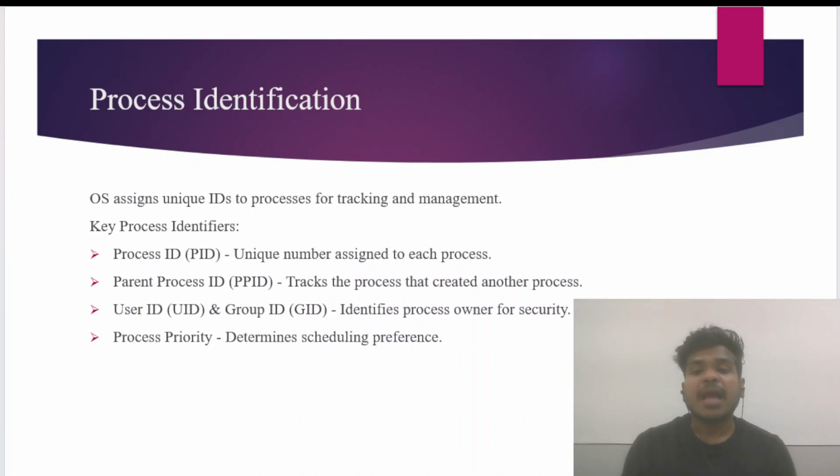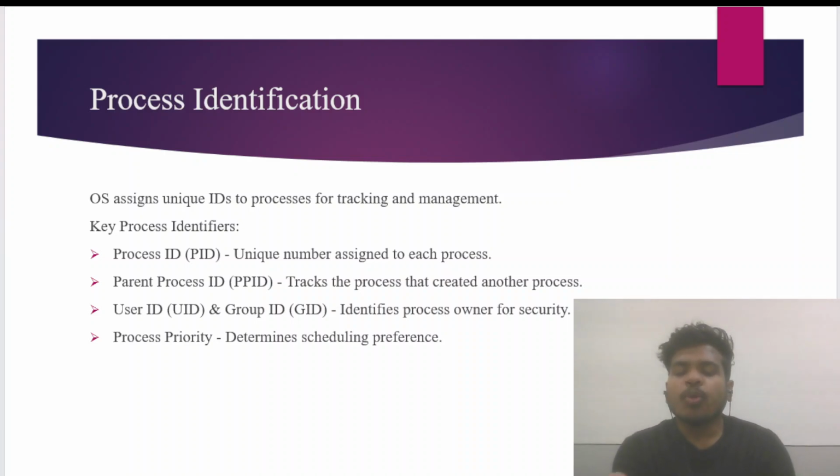Then we have the parent process ID. Every process is created by another process called its parent process. The PPID helps track the relationship between the processes. For example, if a process is large, then there may be some sub-processes that are created. Those are child processes, and the parents contain the parent process ID, used to track the relationship between the processes.